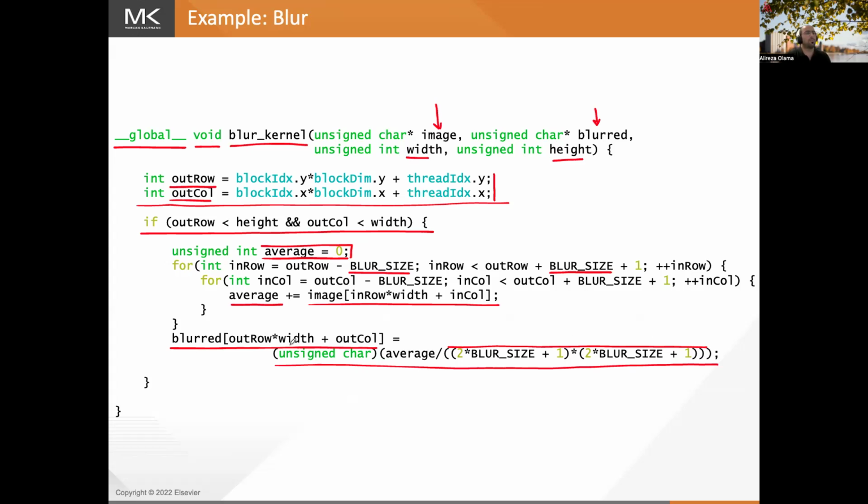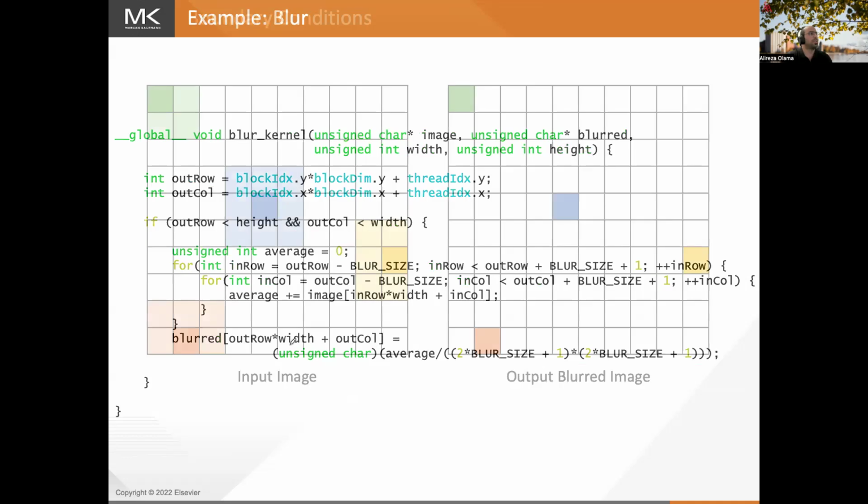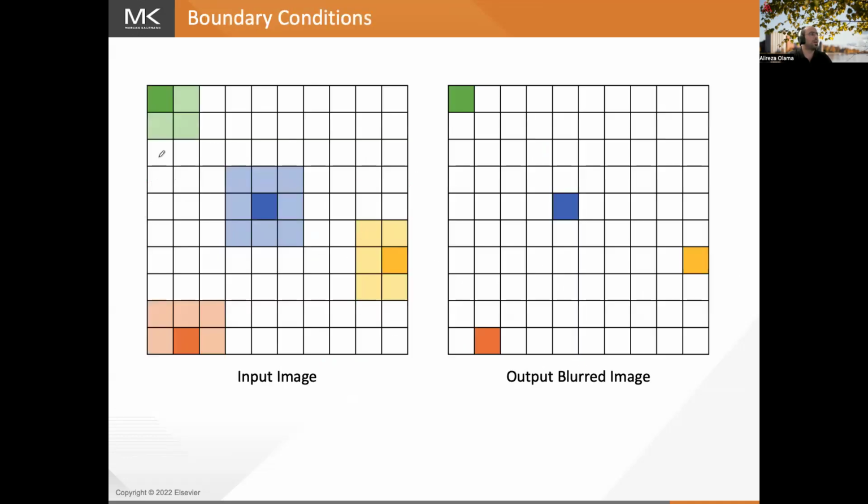So I'm going to show you a slightly different implementation in a minute, but this is basically what you need to do. But there is a catch here because although our threads are within the image, depending on the blur size, we might get out of the image boundary again, right?